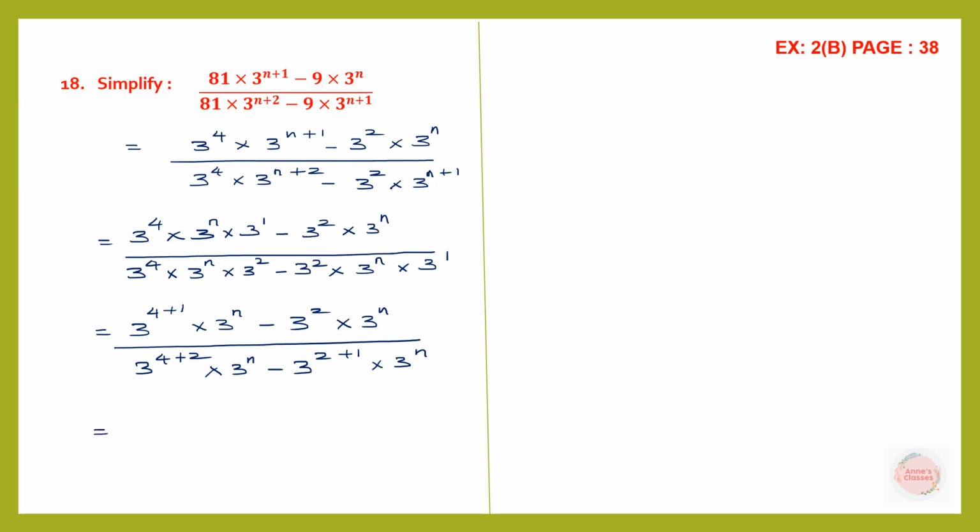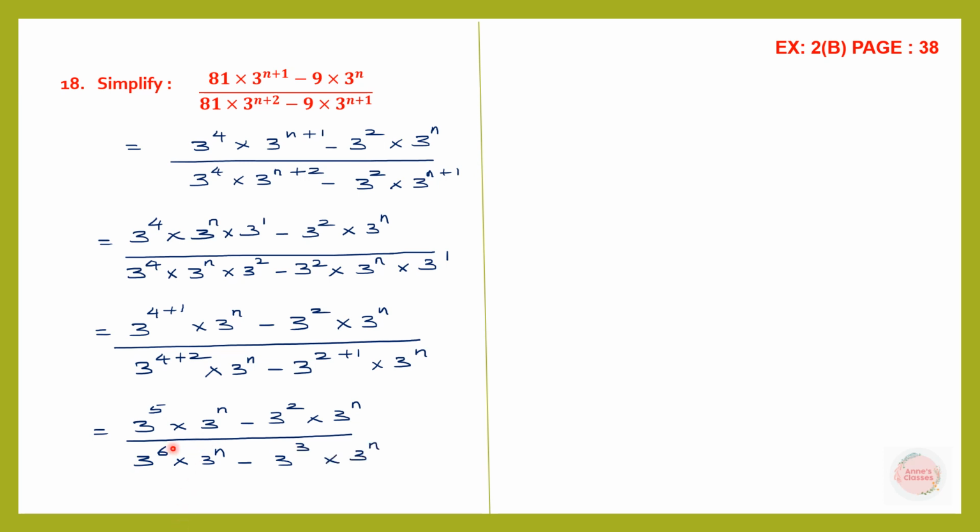So now what do I get? After adding, I get 3 to the power of 5 into 3 to the power of n minus 3 to the power of 2 into 3 to the power of n by 3 to the power of 6 into 3 to the power of n minus 3 to the power of 3 into 3 to the power of n.